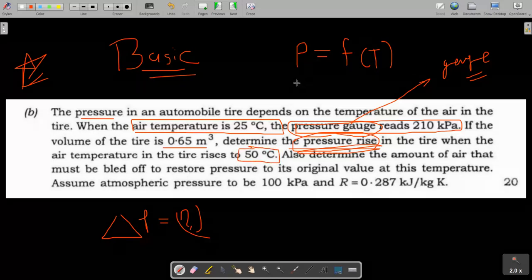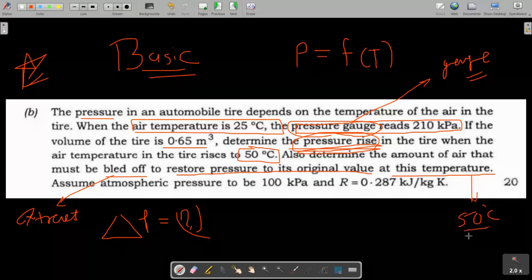As you know, pressure is a function of temperature, so as the temperature rises, pressure will also rise. We also have to determine the amount of air that must be bled off, meaning extracted or removed, to restore the pressure to its original value, that is 210 kilopascal gauge, at this temperature of 50 degrees Celsius.